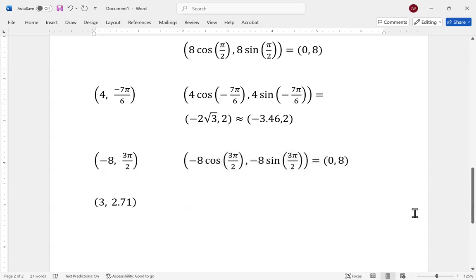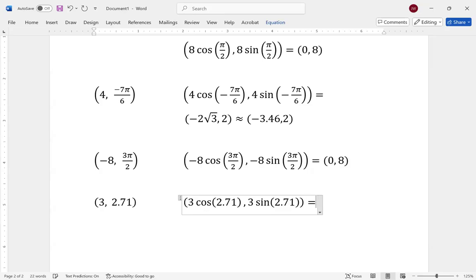Let's take a look at this next point. This point, (3, 2.71), again, is in polar coordinates. If I want to convert this into rectangular coordinates, all I have to do is plug in 3 times cosine of 2.71 for my x value, and then plug in 3 times the sine of 2.71 for my y value.